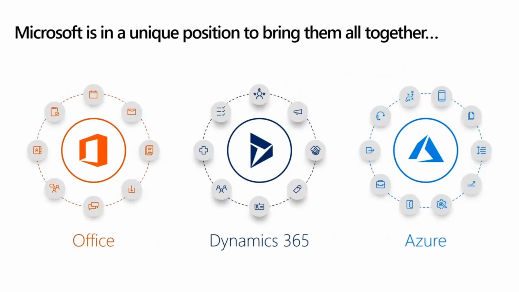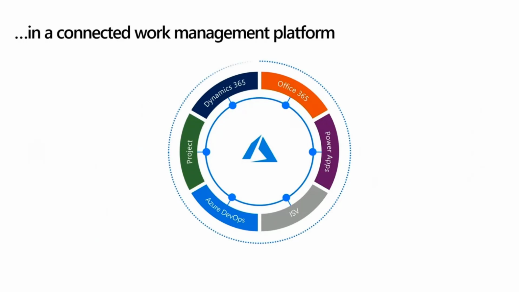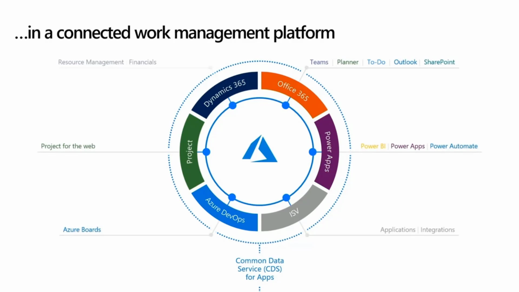At Microsoft, we're excited because we believe we're in a unique position to help our customers bring this data together across our three key platform elements: Office, Dynamics 365, and Azure, in a single connected work management platform that brings to bear all these services and the capabilities that the services provide.